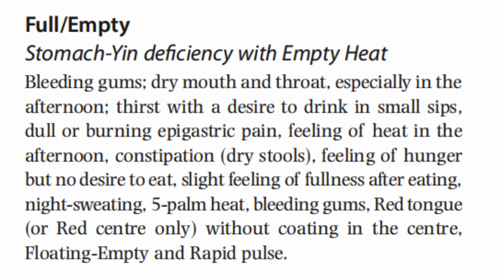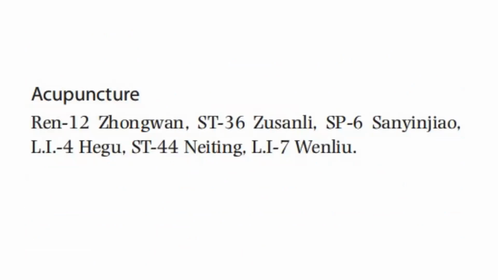The tongue is red, or you can notice the red is in the center only, without coating in the center. The pulse is floating, empty and rapid. We can use the acupuncture points for this: Ren 12, stomach 36, spleen 6, large intestine 4, stomach 44, large intestine 7.